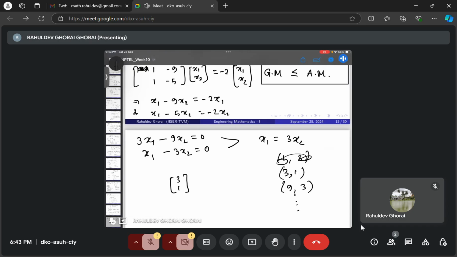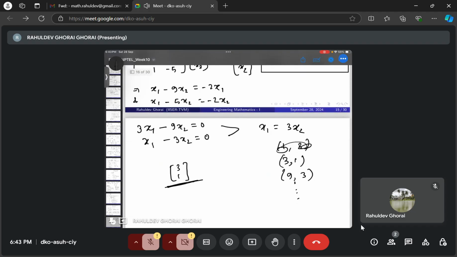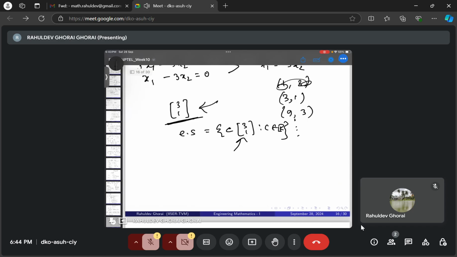So in this case, you see that it's only one vector. All other vectors are linearly dependent on this one. So the eigenspace is nothing but c times this (3, 1), where c belongs to R. The eigenspace is generated by only one vector. So the dimension of the eigenspace as a vector space is 1.